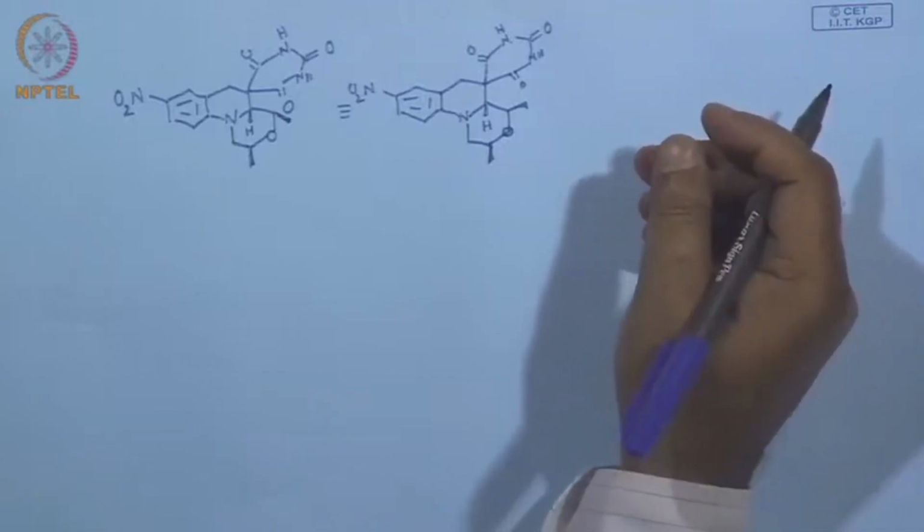So, how do you synthetically approach this? When you try to develop a synthesis, what is the first requirement actually? If you recall, during the synthesis we talked about, let us say you are given a task of synthesizing a molecule. What is the starting point? If you want to begin with a retrosynthesis, what is the first thing you start with?